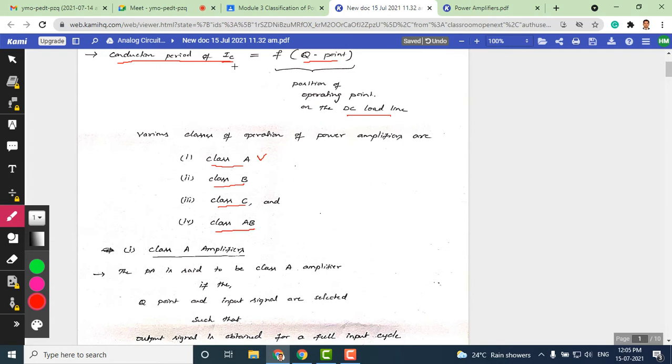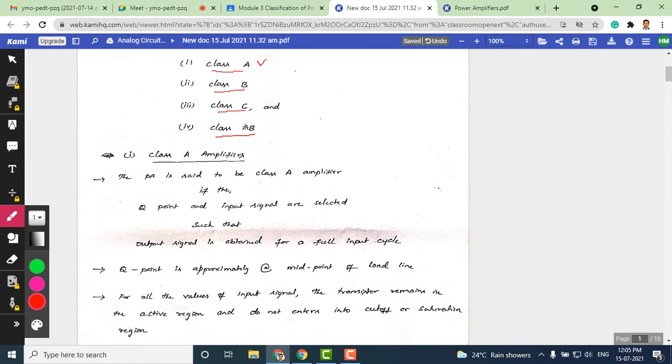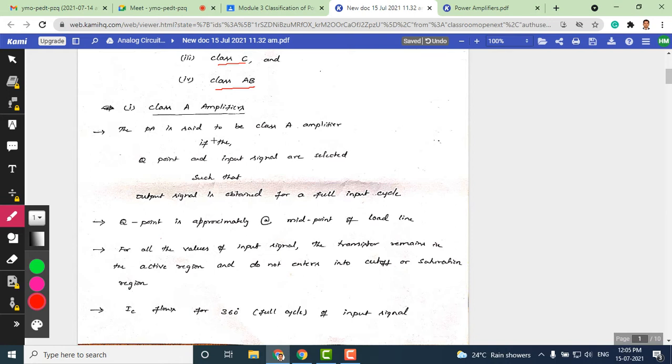Okay, now let us go specifically to the class A amplifier. See the various points that we are covering under the class A amplifier. Class A is one type of power amplifier. Then under what conditions can we say that a power amplifier belongs to class A?